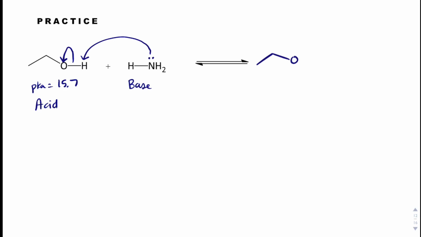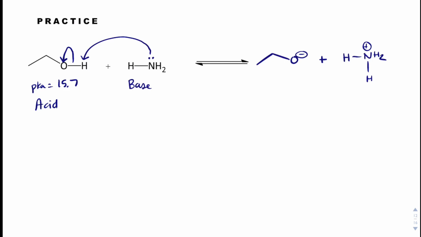So we have something that looks like this. Oxygen has gained electrons, so it will be negatively charged, plus we have NH2, and then we have a second H attached, and that will give nitrogen a positive charge because it gained H plus.